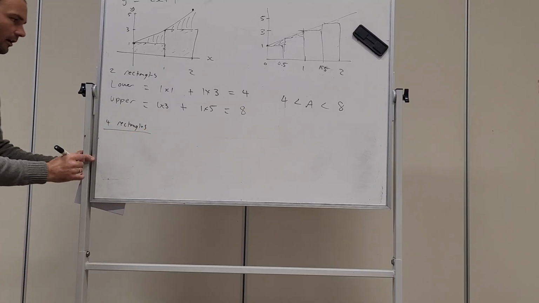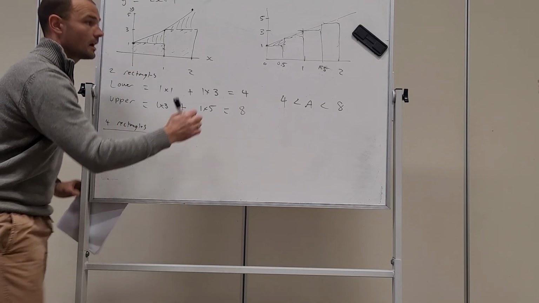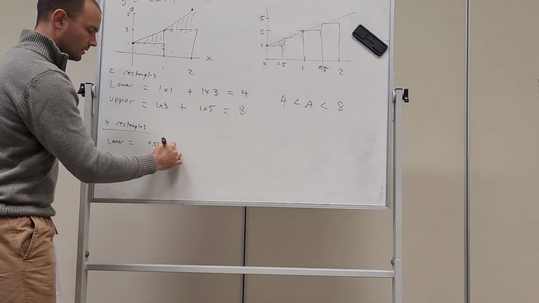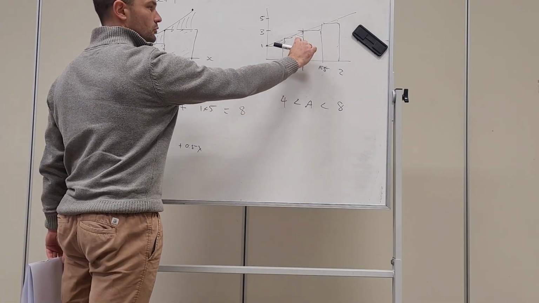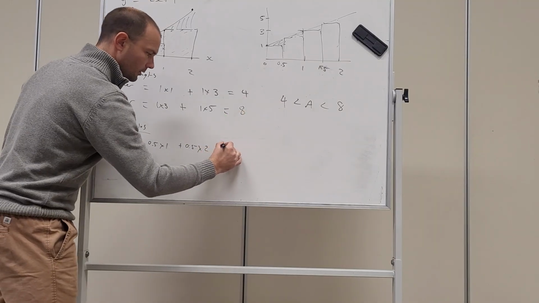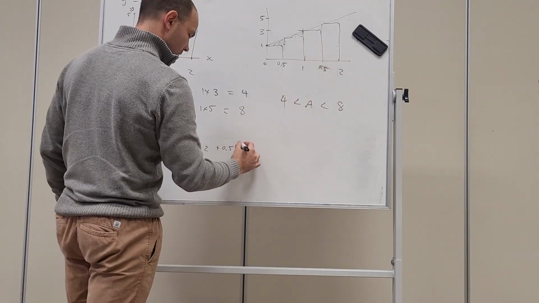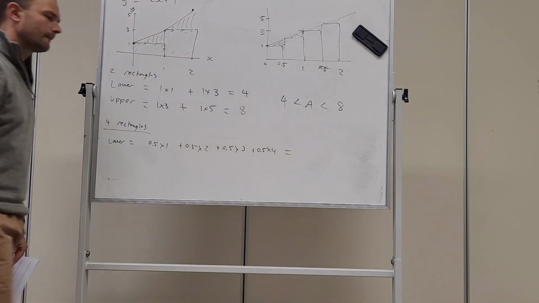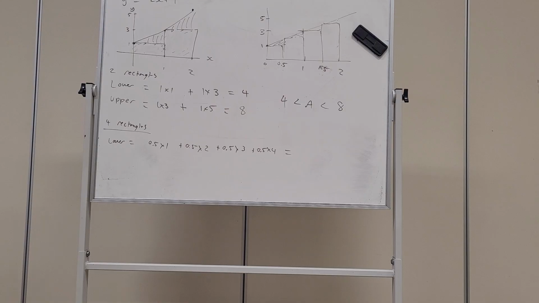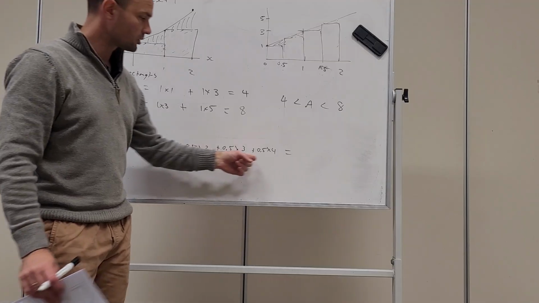Okay, so for our lower estimate, it's going to be 0.5 times 1 plus 0.5 times 2 plus 0.5 times 3 plus 0.5 times 4. Alright, now I think if we're writing this out, one thing we should notice is 0.5 is common to all of them, right?